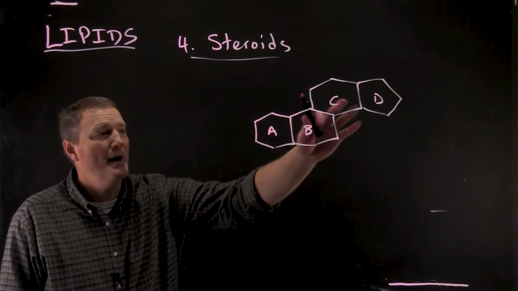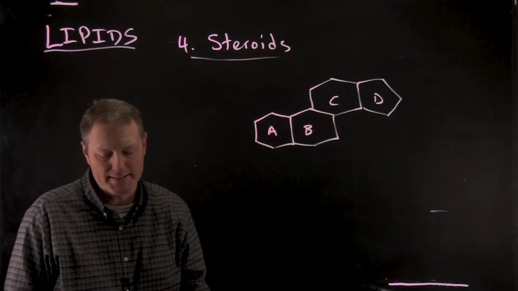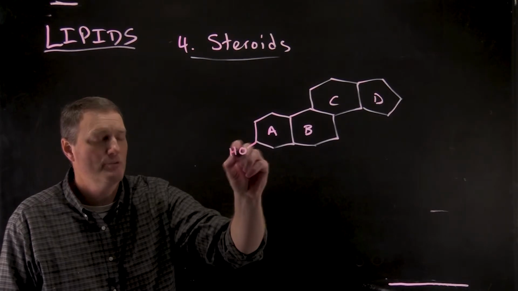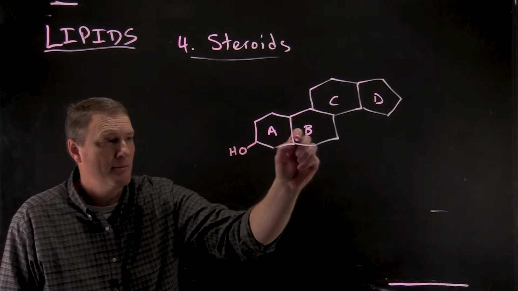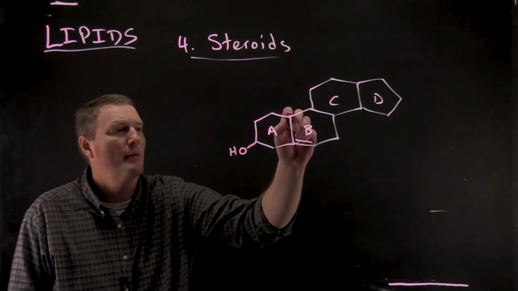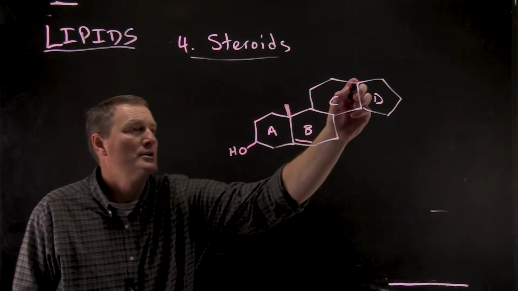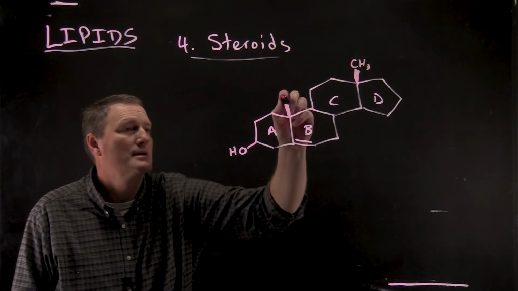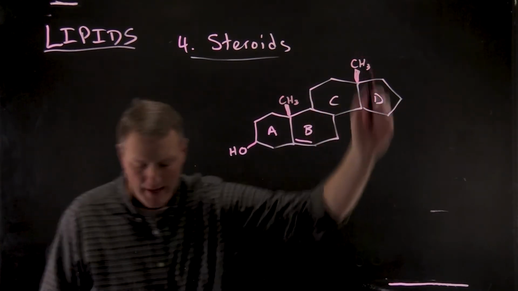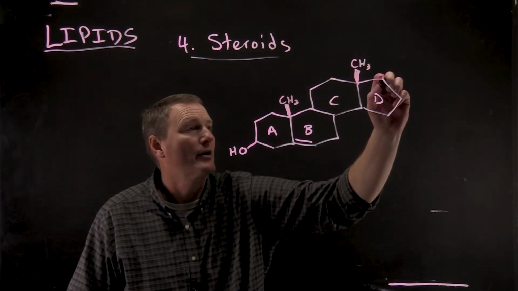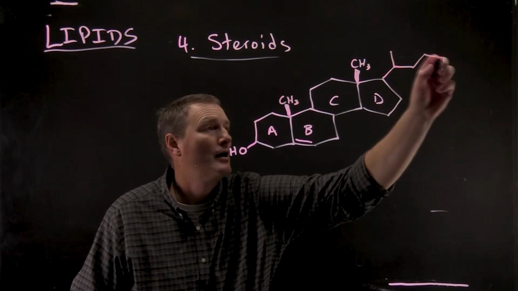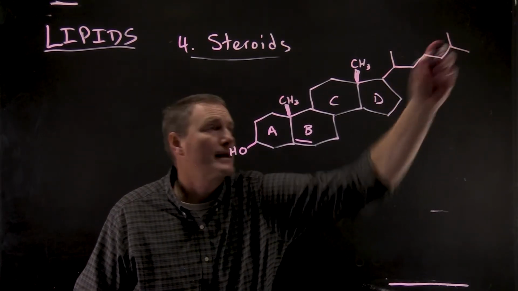So what we're going to do, we're just going to modify a few things here on this chain to make this become cholesterol. So if I put an OH group here, a double bond right here, I'm going to put 2 methyl groups sticking out like this. And then lastly, we need to put a longer hydrocarbon chain right here, just like that.